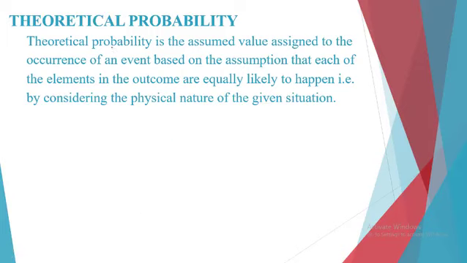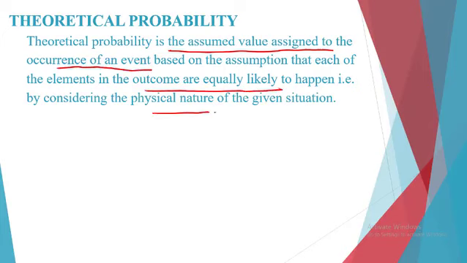Theoretical probability is the assumed value assigned to the occurrence of an event based on the assumption that each of the elements in the outcome are equally likely to happen. That is by considering the physical nature of the given situation. I told us earlier that that's what we call equally likely events.